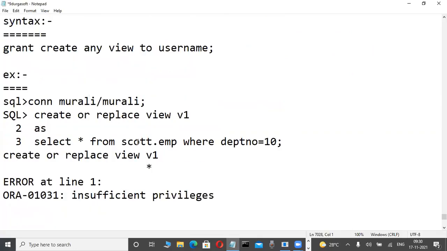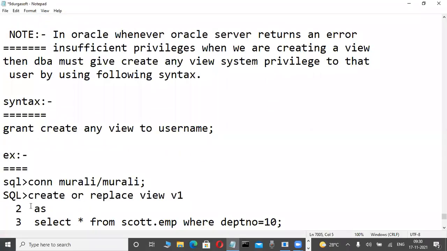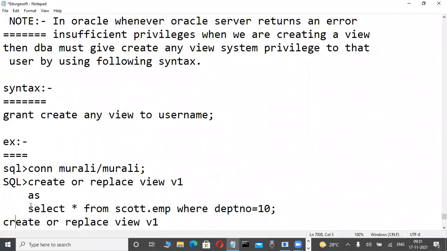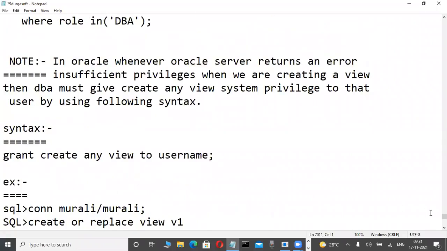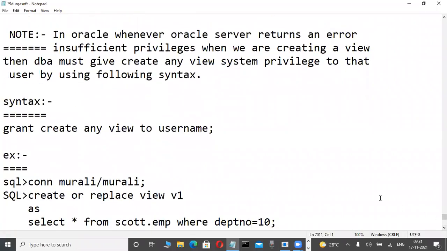Error: insufficient privileges. Whenever any insufficient privileges error occurs, don't be afraid, just connect as the admin user and give the system privileges to the user.